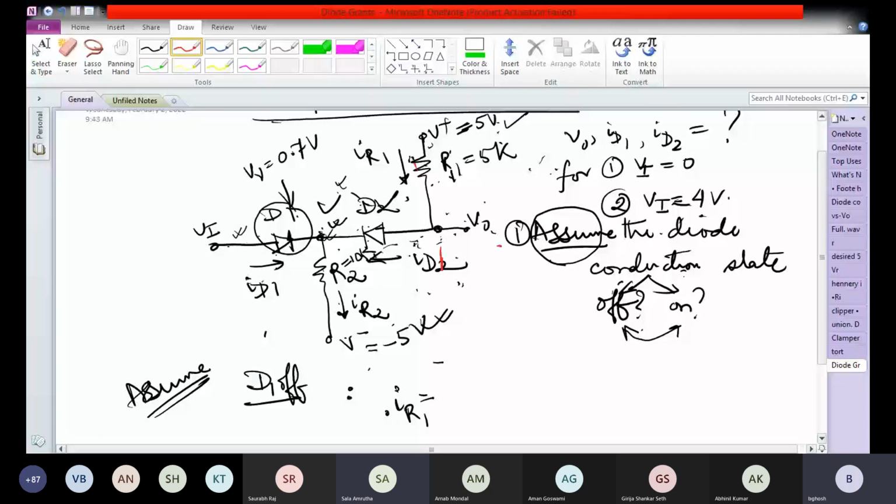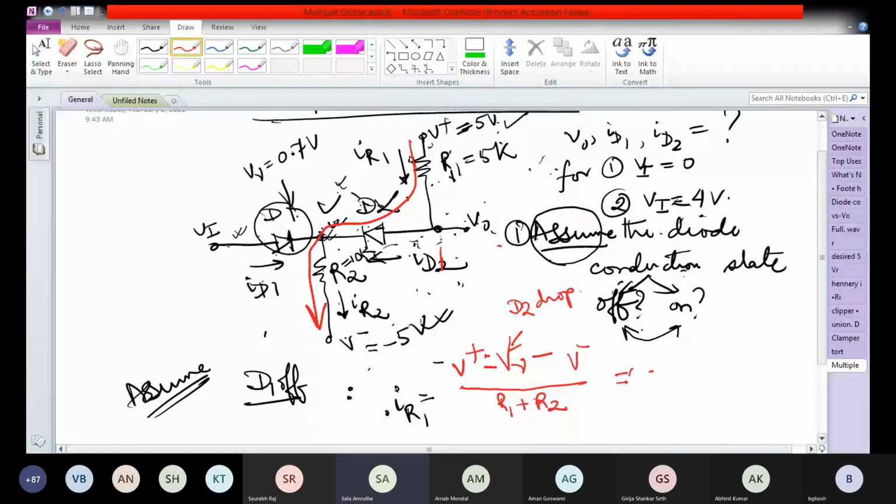IR1 will be equal to V plus minus V gamma, the drop of diode D2, minus V minus, divided by R1 plus R2. All these values are given: V plus, V gamma, V minus, R1 and R2. And when you compute this, it will come out to be 0.62 milliampere.